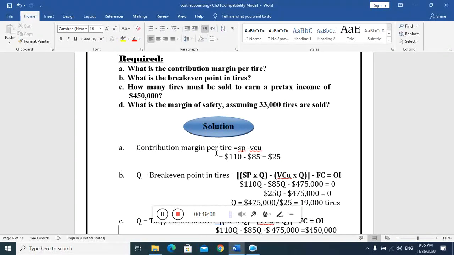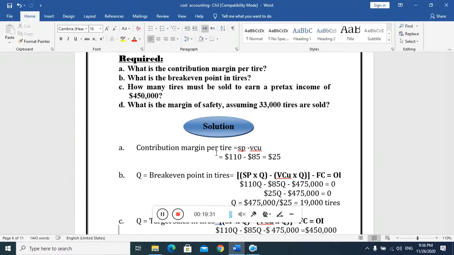Number B, break-even point in tires, in units. We can use our equation: selling price multiplied by Q minus variable cost per unit multiplied by Q minus fixed cost equals operating income. We need the break-even point, so operating income will be 0.